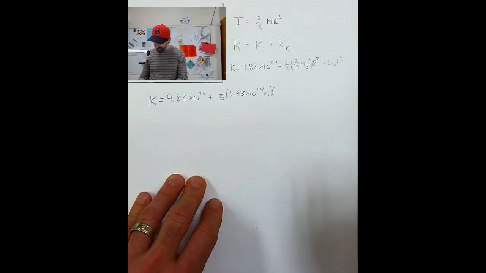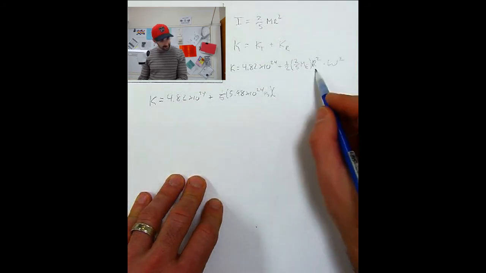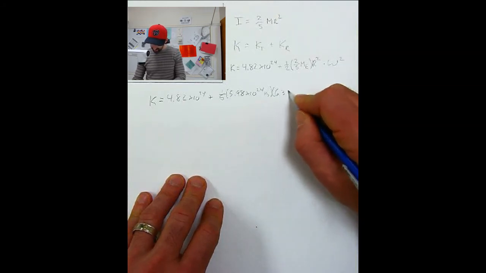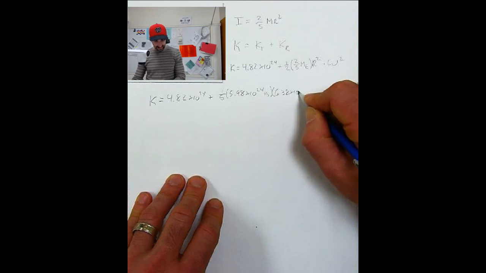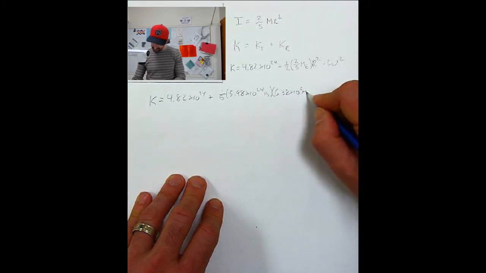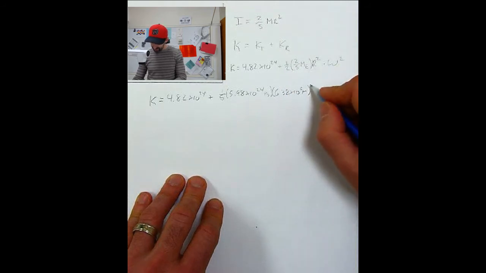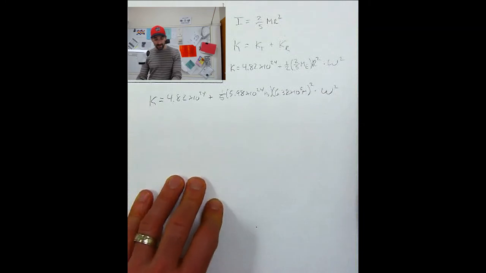Times radius of the Earth, 6.38 times 10 to the 6th meters. That is 1/2 I. That's got to be squared. Times, oh man, what the heck? How am I getting this omega squared?